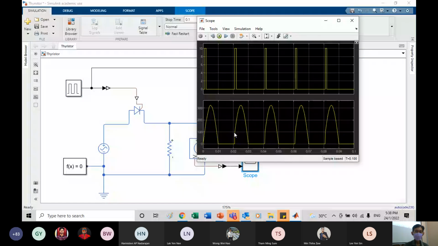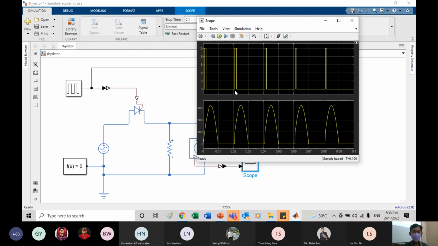It starts to chop off only at this point. So this is how you control how much of the AC waveform you allow to pass through to the load on the positive cycle only. Because this one, you only got one, so only the positive cycle will go through.